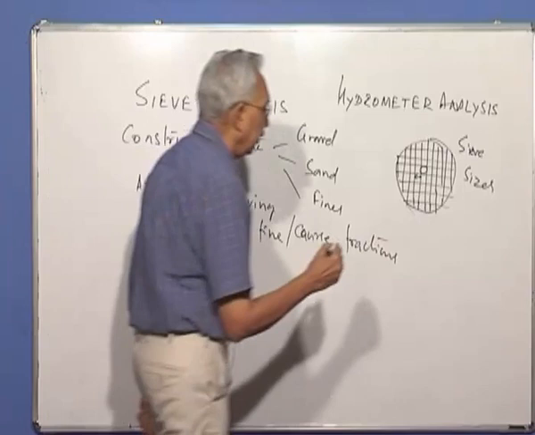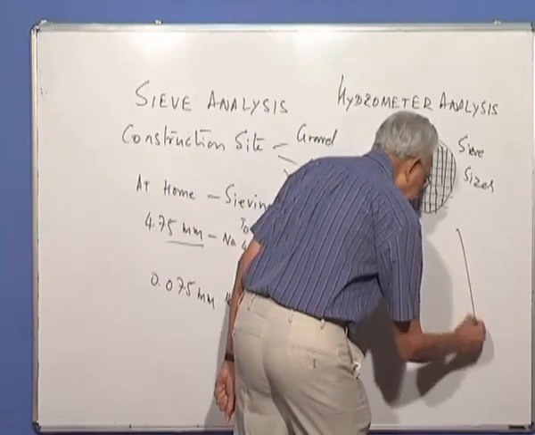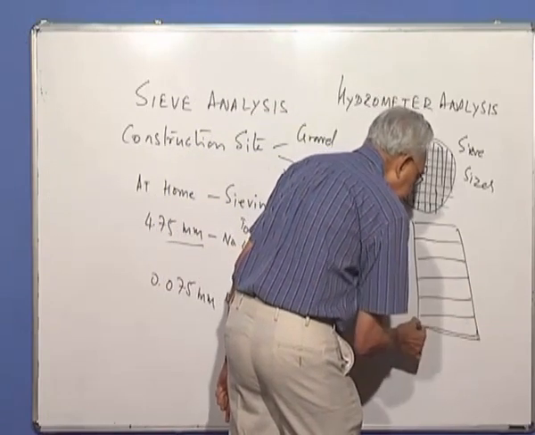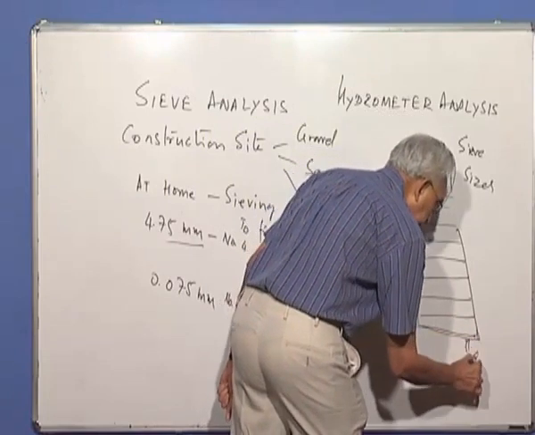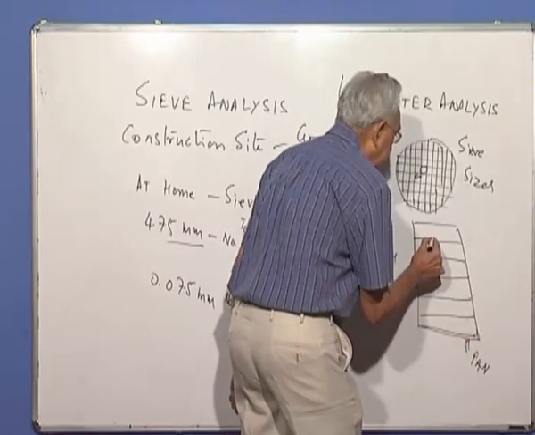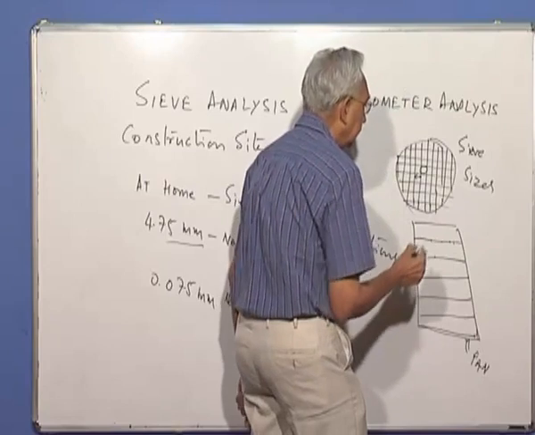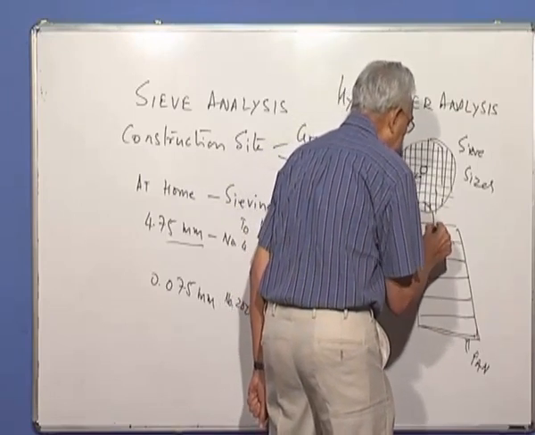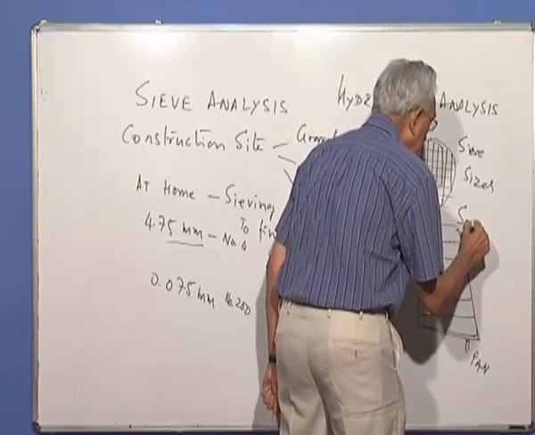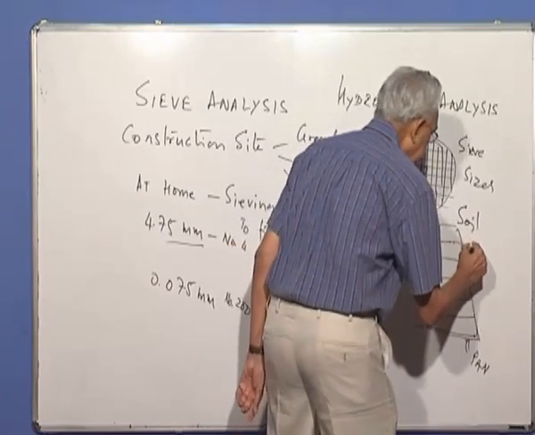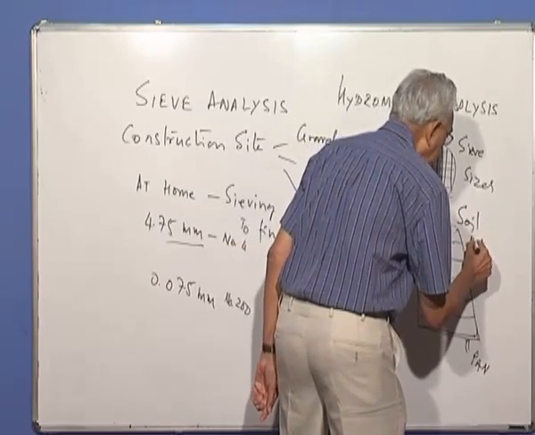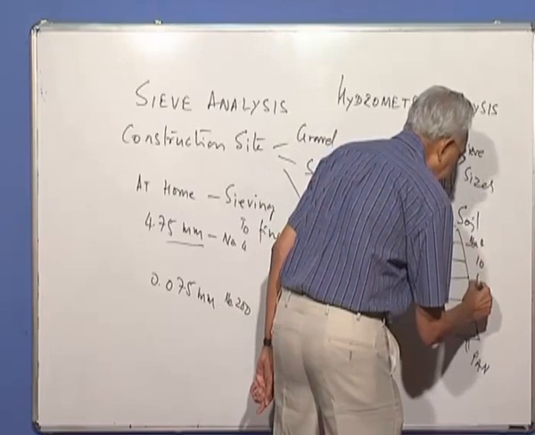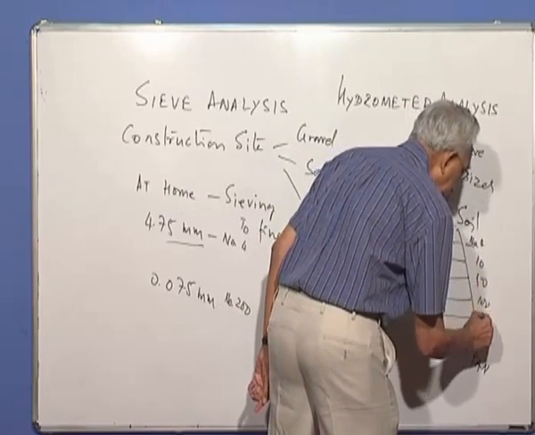So what we do normally is we have a stack of sieves. This of course is a pan. Nothing will go through it, but these are all sieves. So I put all the soil here. These are different sizes. Let us say sieve number 4, 10, maybe 50, 100, 200.